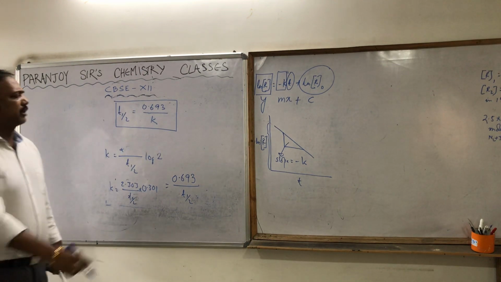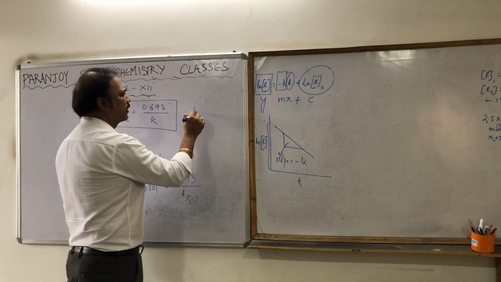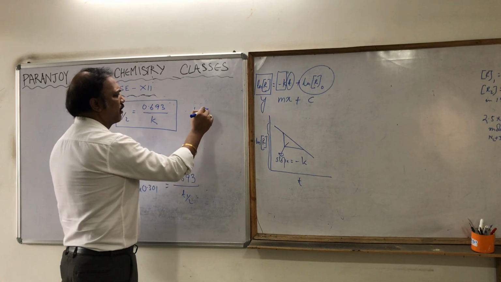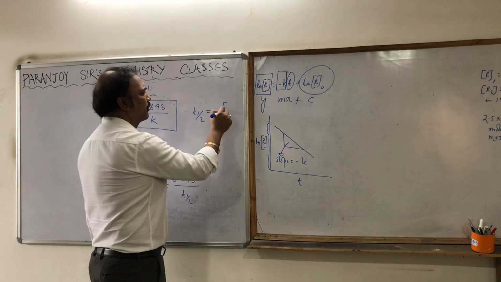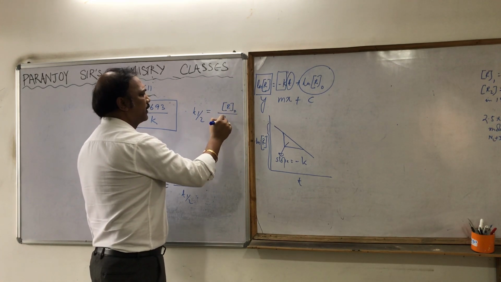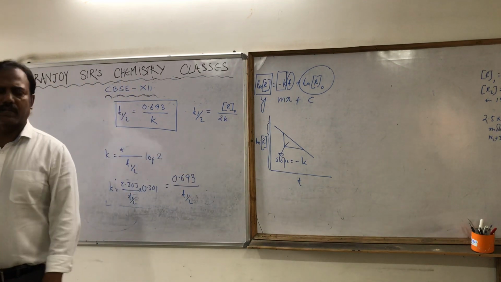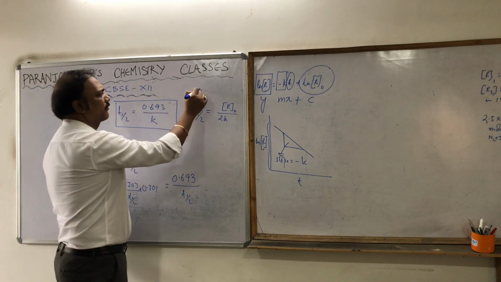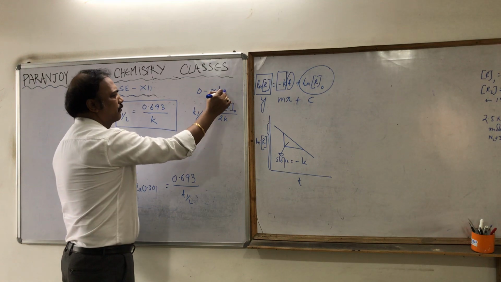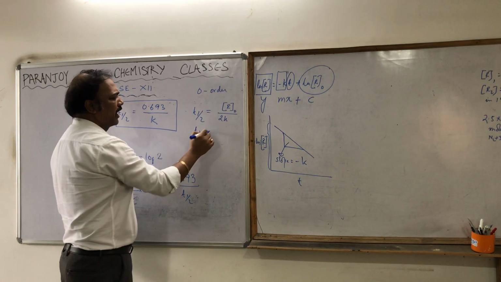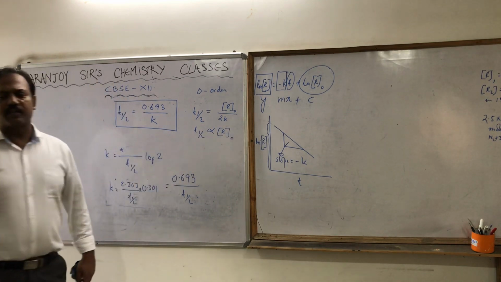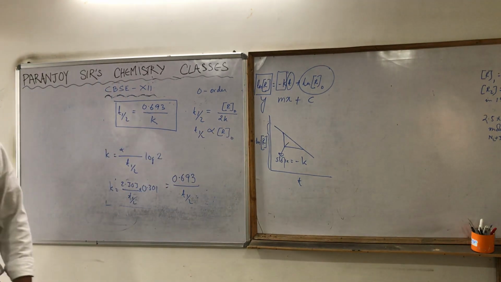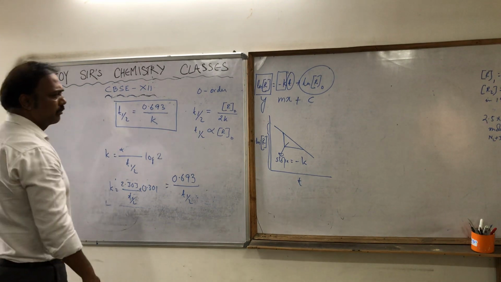For the zero order reaction, we got t half equal to concentration of R0 divided by 2k. That is why t half is directly proportional to concentration of R0 for the zero order reaction, meaning the half-life period is directly proportional to the initial concentration of the reactant.